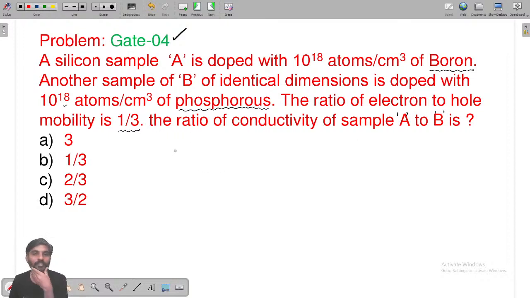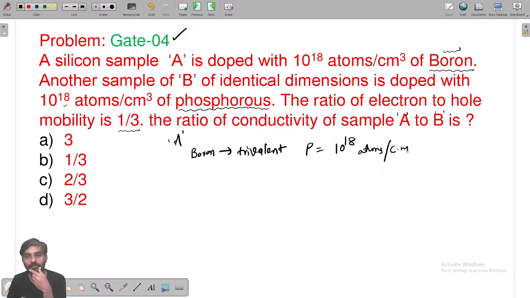The same thing is being asked. He has given a silicon sample A doped with boron, which is trivalent, so the P concentration is 10 to the power of 18 atoms per centimeter cube.